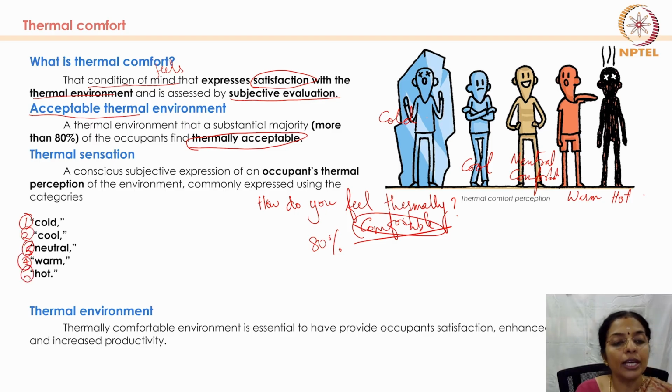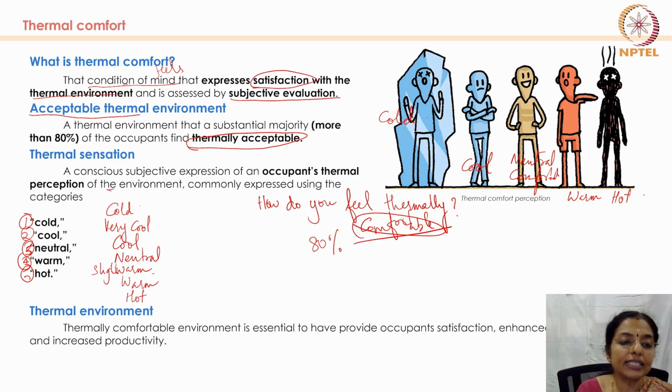describing how you feel. You can even have a 7-point scale where it can be cold, very cool, cool, neutral, slightly warm, warm, and hot.